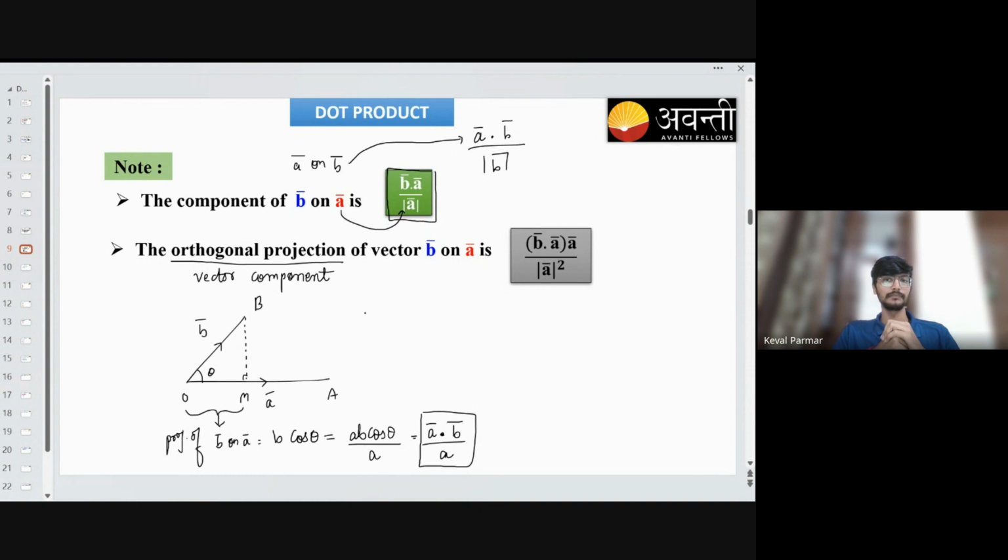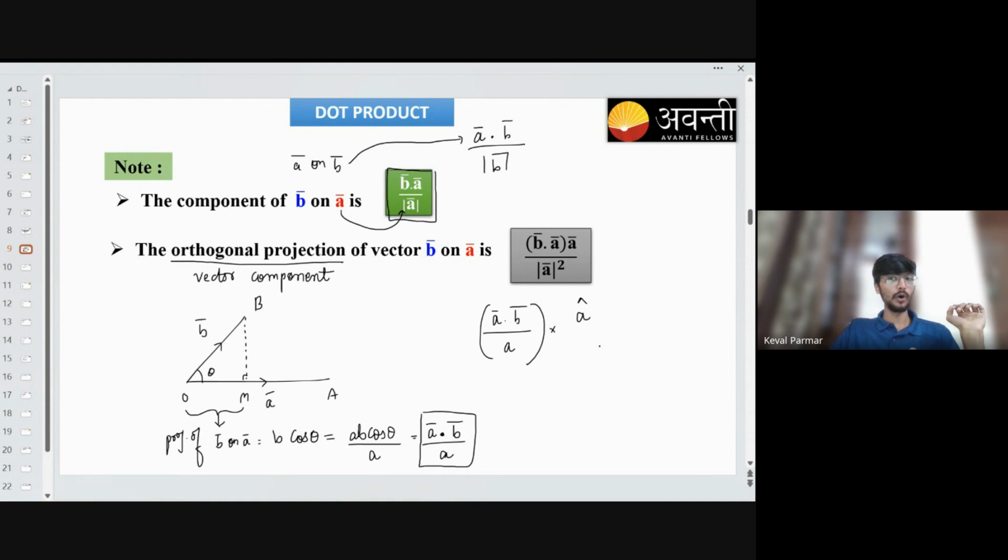Correct? So what is magnitude? Magnitude is A bar dot B bar upon A. And direction, I have told you hundreds of thousands of times कि who gives the direction, guys? Direction is given by the unit vector. So I'll write A cap.